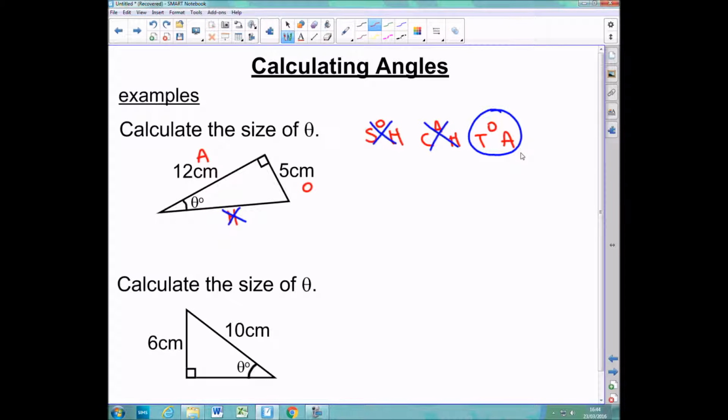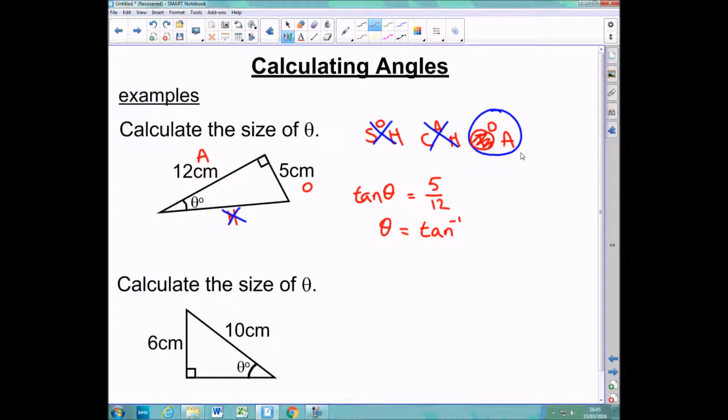Okay, so in order to find my angle, I need to cover up with my hand this tangent part, the T. So that will give me a formula to find tan of my angle. So tan of my angle is going to equal the opposite divided by the adjacent, which is 5 divided by 12. And if I do 5 divided by 12, I won't actually get my angle out. But what I've got to do to get my angle out is I've got to undo the tan.